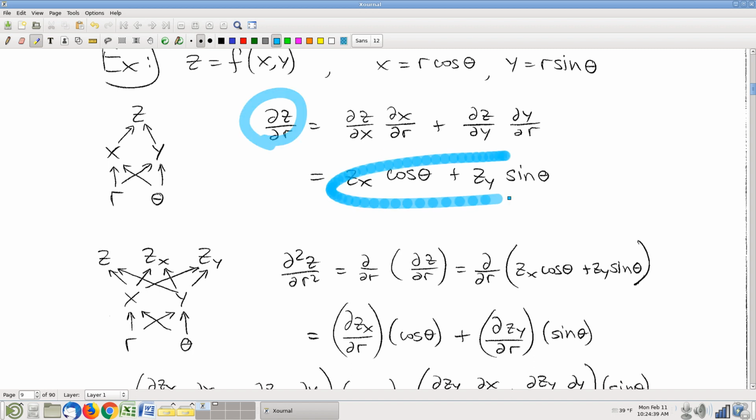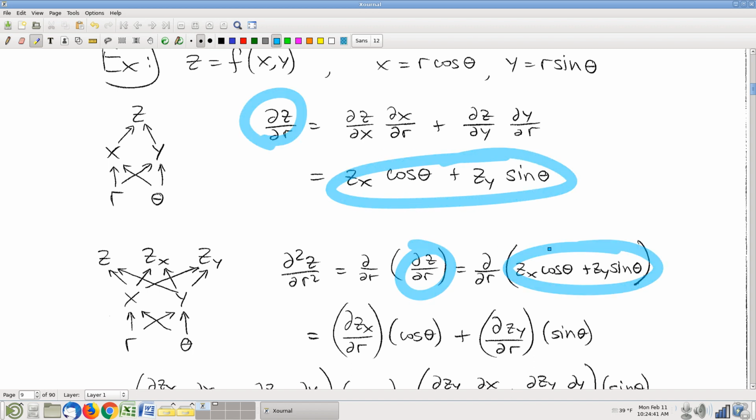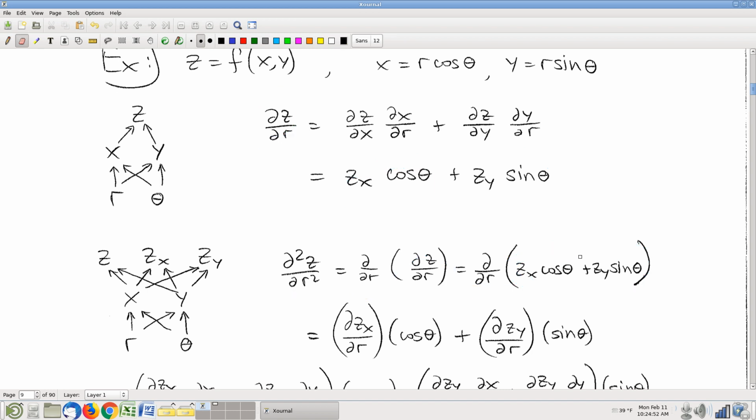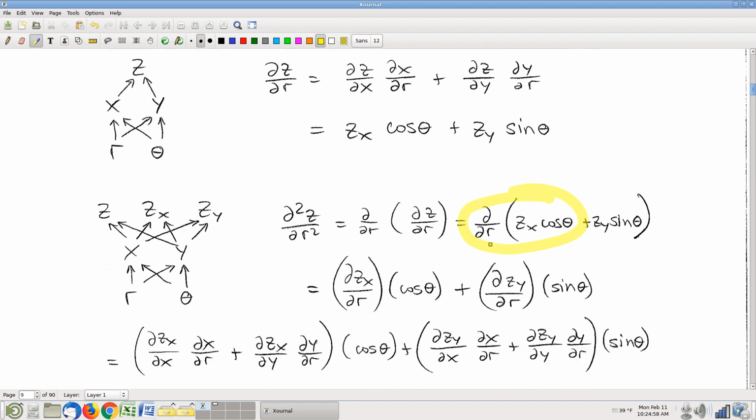Again, this r partial that we've already computed. Right, if I want to compute the second partial with respect to r, I need to take the r partial of my existing r partial. Right? So we find ourselves looking at this. Let's look at this first term here, the r partial of that thing. Now, do keep in mind that we have a product rule deal here. So zx cosine theta.